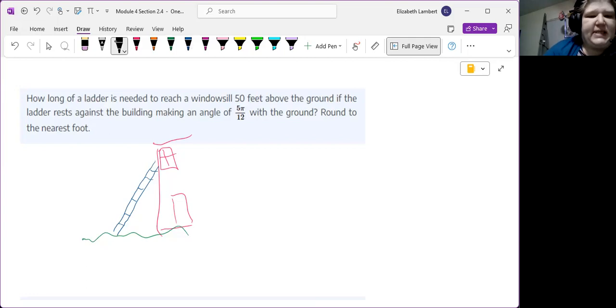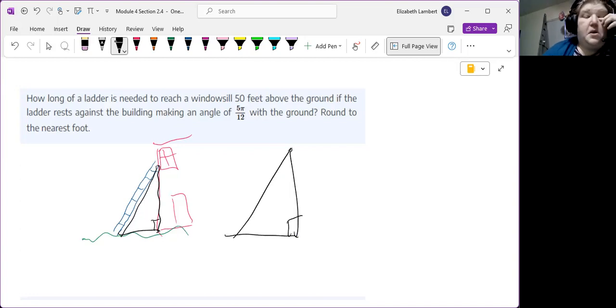So you should be able to see here that there is a right triangle in there. All right, so they're telling us that the windowsill is 50 feet above the ground. So the ground, 50 feet above it. This side of the triangle is 50 feet.